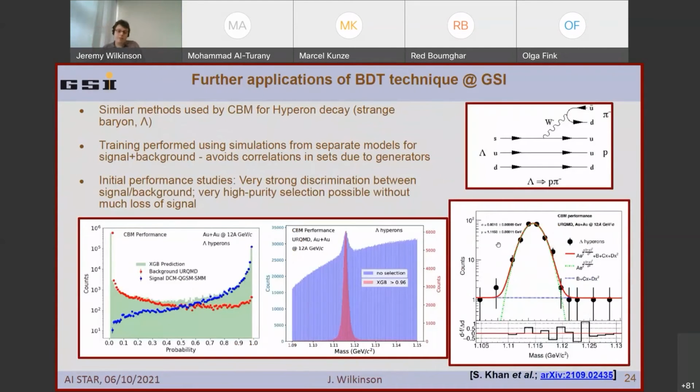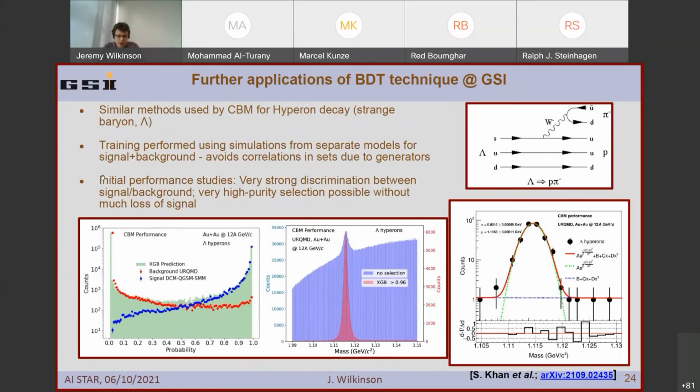Similar applications are made in the upcoming CBM experiment at FAIR. So this is for the hyperon decay, the strange baryon lambda, which is expected to be seen in the core of neutron stars. In this case, there isn't any real data yet because the detector is still under construction, but we can perform training still using background that's generated by a model that's independent from the signal generation.